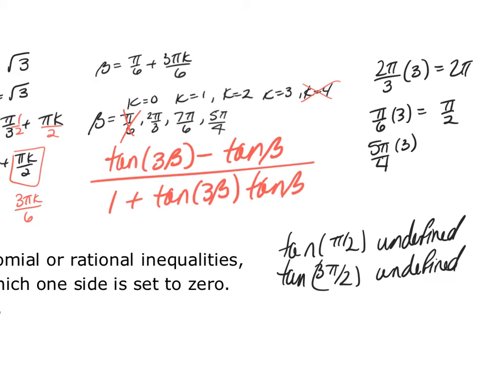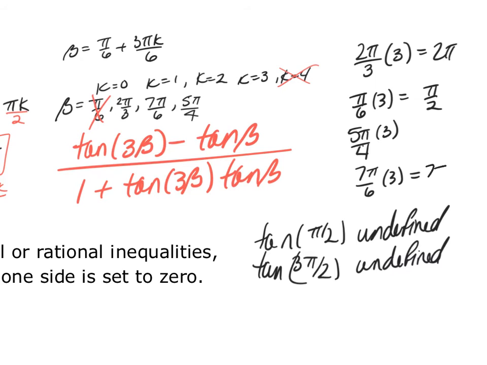Nope, that's okay. What else? So 7 pi over 6 multiplied by 3 is going to give me 7 pi over 2. Is that okay? No. So even though I came up with 4 solutions, 2 were extraneous.